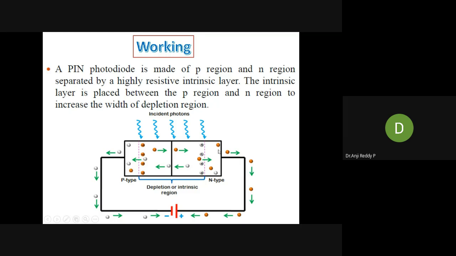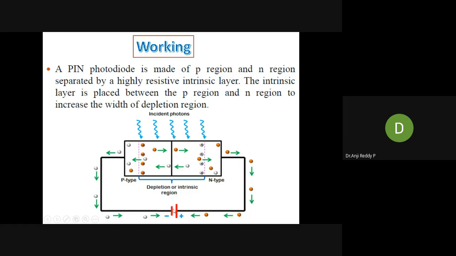In N type, the orange balls, electrons, are majority carriers. But minority carriers are also there. In N type, minority carriers are holes. In P type, minority carriers are electrons.